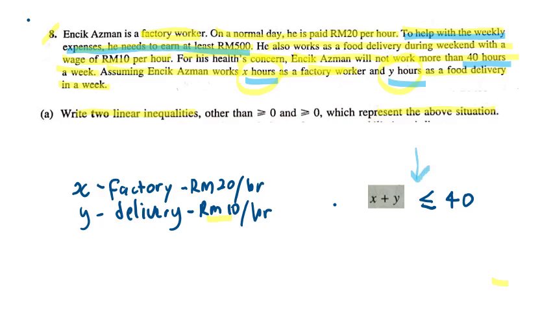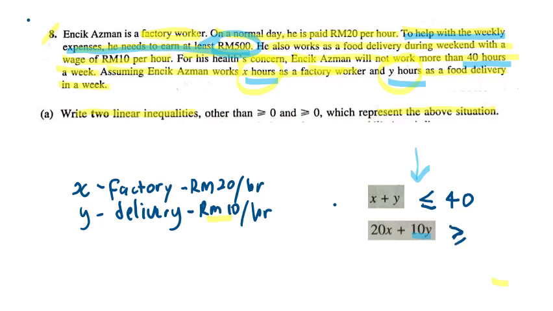Okay, the second linear inequality is about how much he will get. As a factory worker, RM20 times the hours x, plus food delivery RM10 times y hours, and this must be at least 500.